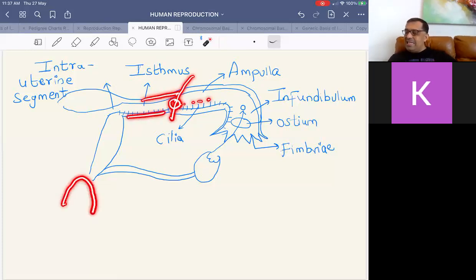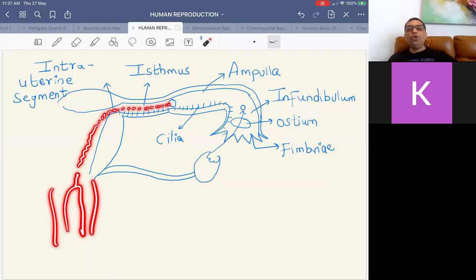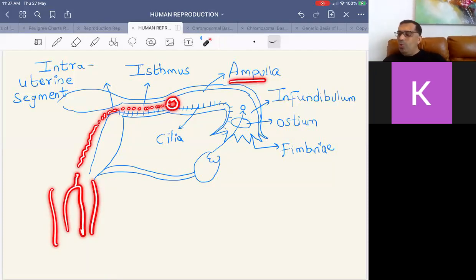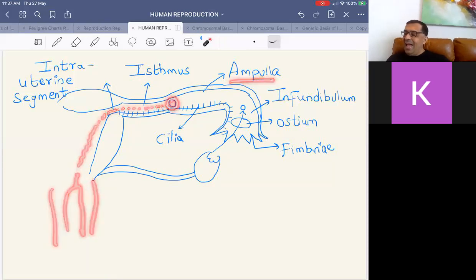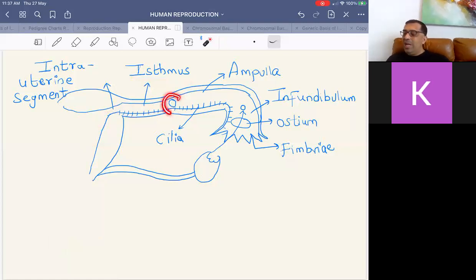And if at that time copulation takes place, ejaculation takes place, sperms by their zigzag movement will enter the fallopian tube and fertilization takes place in the ampulla, or more specifically at the junction of the ampulla and the isthmus. And a zygote is formed at the ampullary isthmic junction.